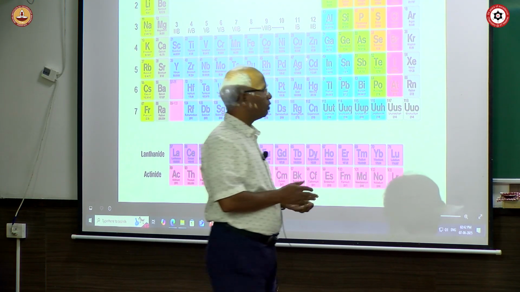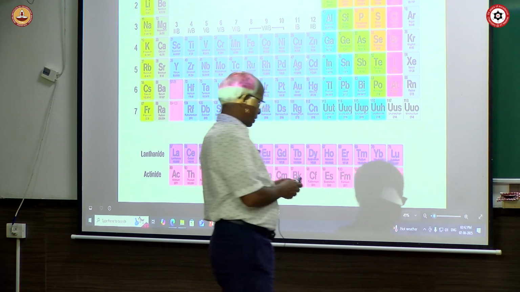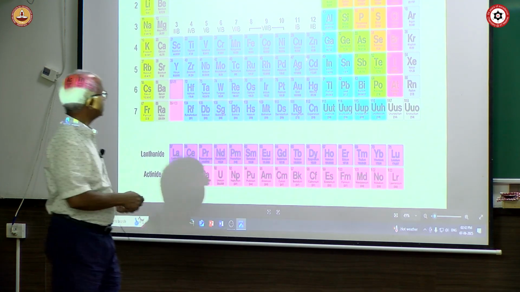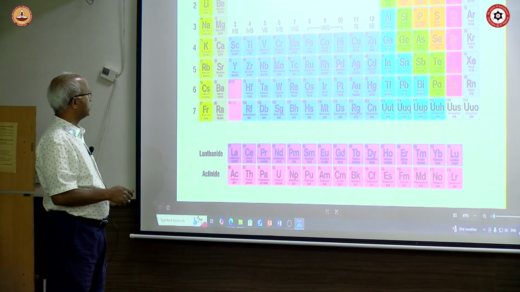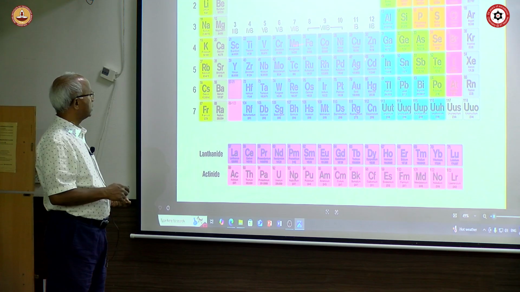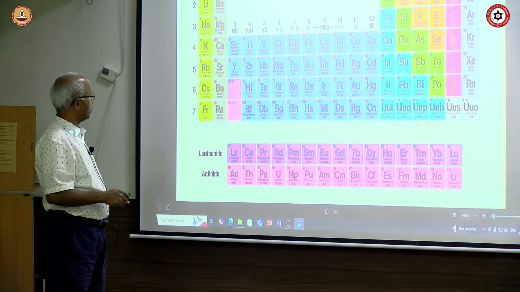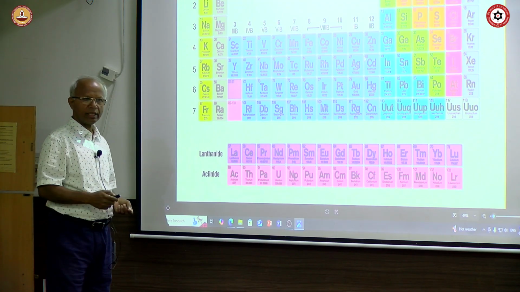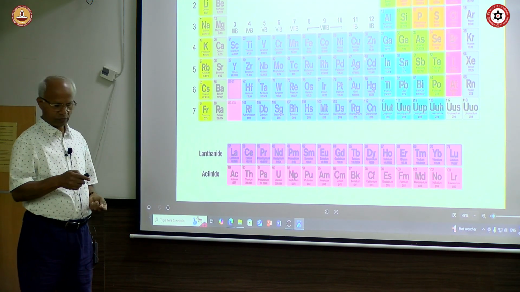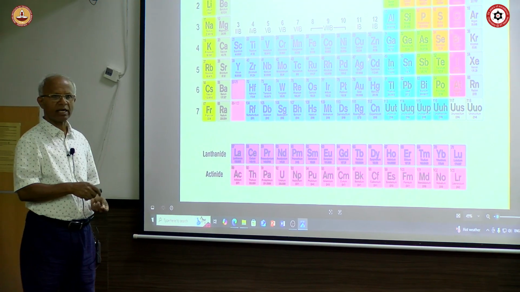Okay. So coordination compounds are formed by these transition elements, particularly 3d, 4d and 5d, and others. Actinides and lanthanides also form them, but they are a little different kind.